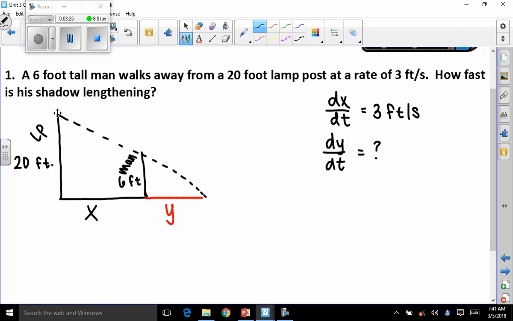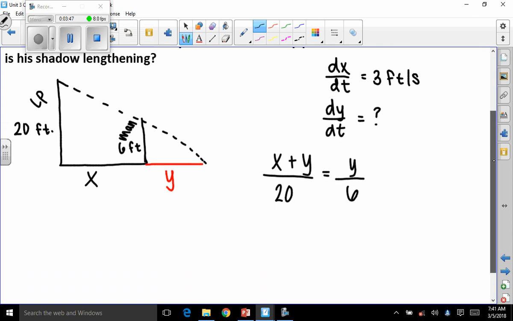Which one did you use on the top? Okay, so the base of the big triangle is x plus y, and the height of the big triangle is 20, right? And that's going to be equal to the base of the little triangle over the height of the little triangle, which would be what? y over 6.